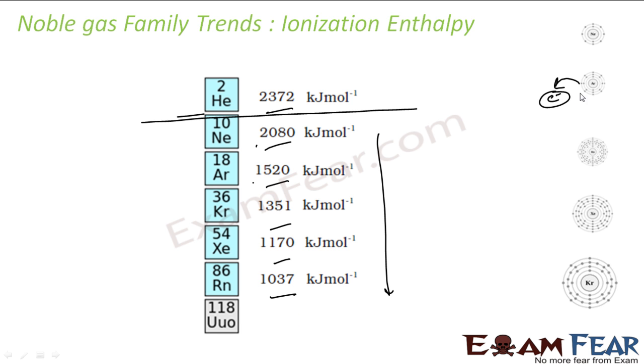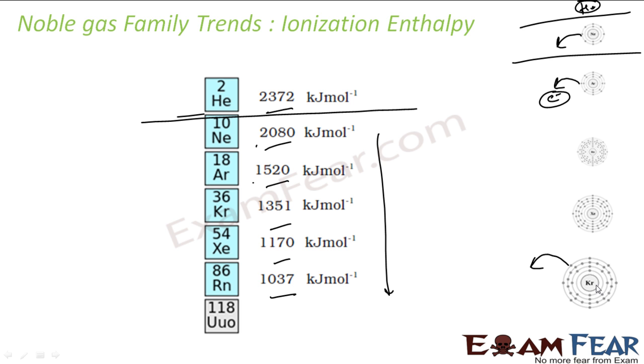Why? Again, the atomic size is increasing. Since the atomic size is increasing, it is a little easier to pluck an electron from krypton than to pluck one electron from neon. Correct? Because in neon, the central atom is holding this electron more tightly, but in krypton, because of the increase in size, the central atom is not able to hold this electron tightly.